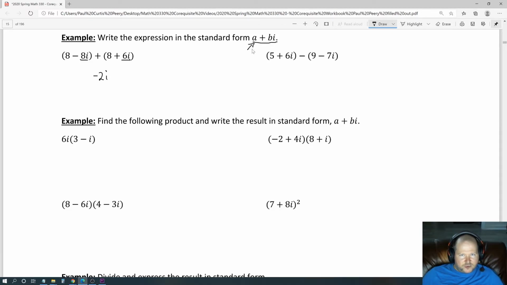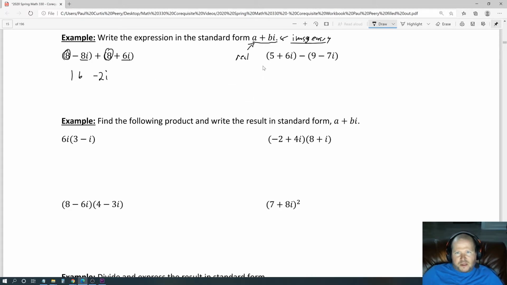So basically you have the real part goes first, and then the imaginary component, if you have it, goes second. Imaginary? I can't spell, sorry. We'll just pretend like that actually says imaginary. All right, so let's say 8 plus 8 is 16, right? So we're combining like terms, basically.